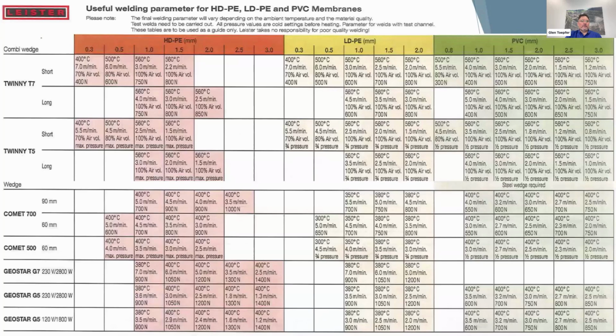Here we have a table from Leicester, and they list their different wedge welding machines down in the bottom left here for HDPE. And they list different materials. Obviously, they have LL and PVC, but for the focus of this webinar, to keep it within the time constraint of an hour, I really focused on HDPE because that's one of the most common materials we see used here in the United States.